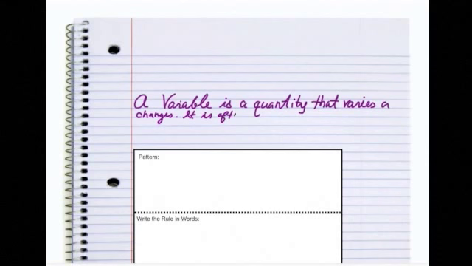It can also be represented by a symbol, but in algebra, we are definitely going to see more letters than we are symbols. And it's important to know an example. n times 2 equals 6 is an expression in which n is the variable.